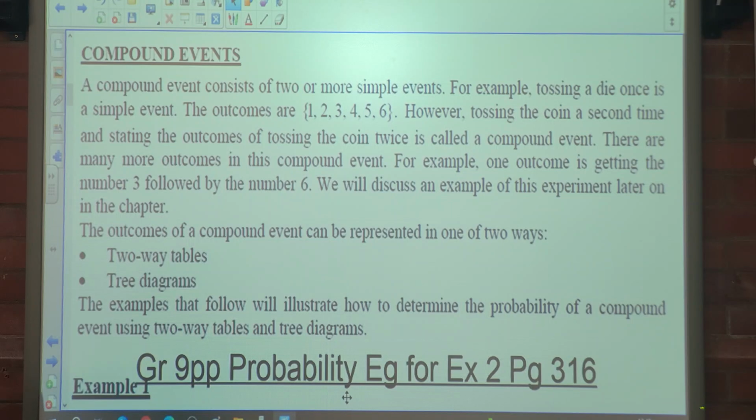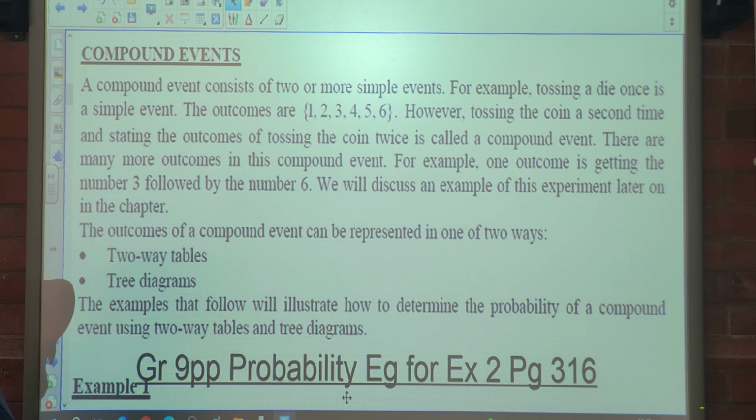However, tossing a die a second time and stating the outcomes of tossing a die twice is called a compound event. Okay? There are many more outcomes in this compound event. For example, one outcome is getting the number 3 followed by the number 6. We will discuss an example of this experiment later on in this chapter.